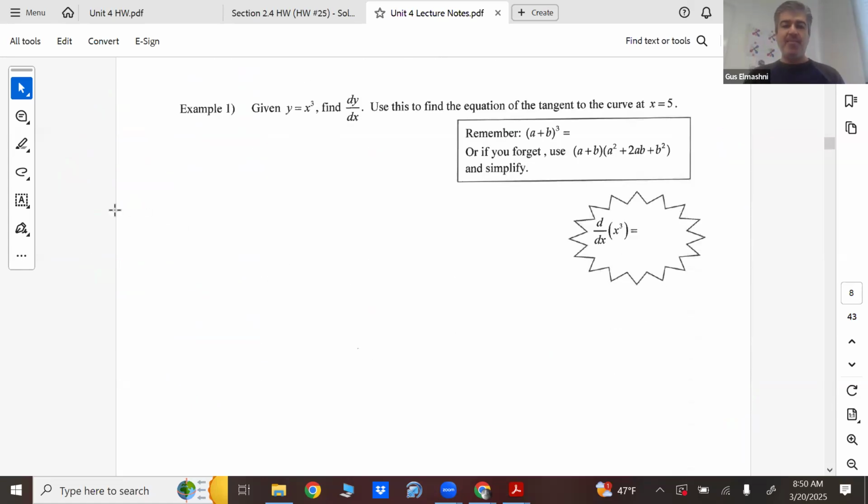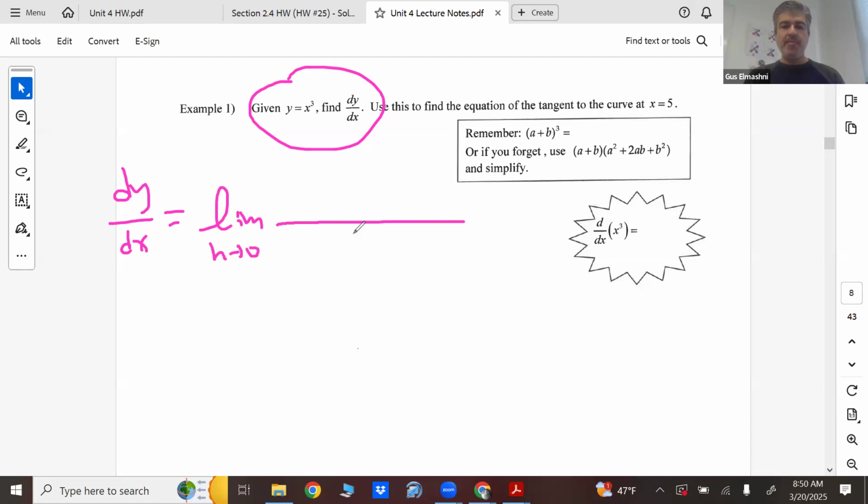Okay, now I've gone over all the semantics. Let's just do some work here. So find that. Really just doing this: the limit as h approaches 0 of (x plus h) cubed minus x cubed over h.